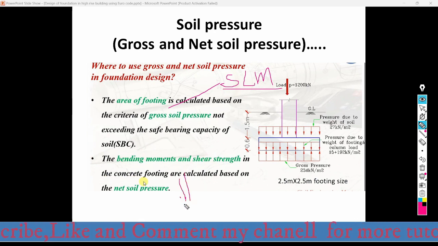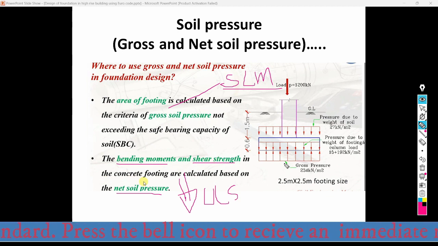For serviceability limit state requirement, we need to use the gross soil pressure. And for strength, that means for ultimate limit state requirement, we need to use net soil pressure. So we need to avoid considering the weight due to backfill material and the weight due to the self weight of the foundation during the calculation of bending moment and shear strength.